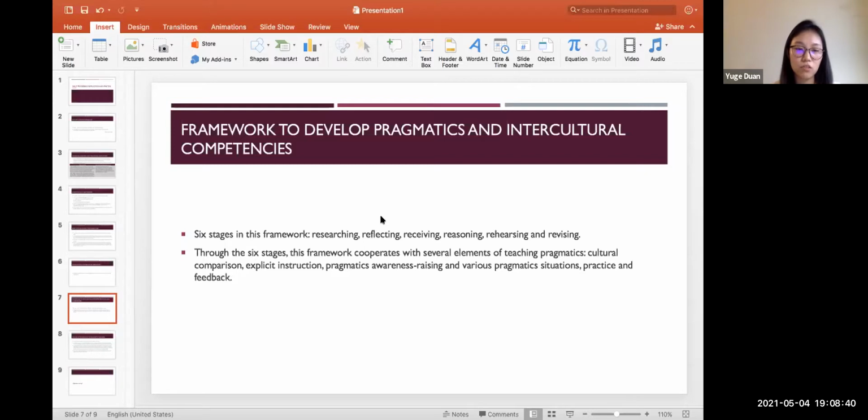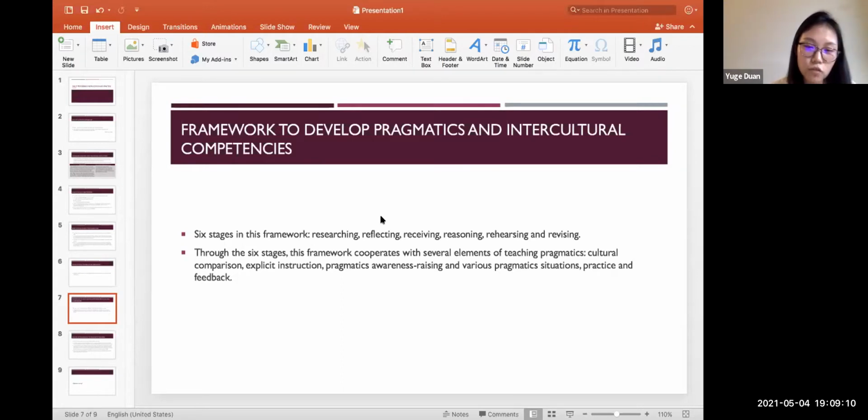Learners also needed to gather pragmatics data of their first language and then analyze the data referring to social variables. There are 6 stages in this framework. They are researching, reflecting, receiving, reasoning, rehearsing, and revising.